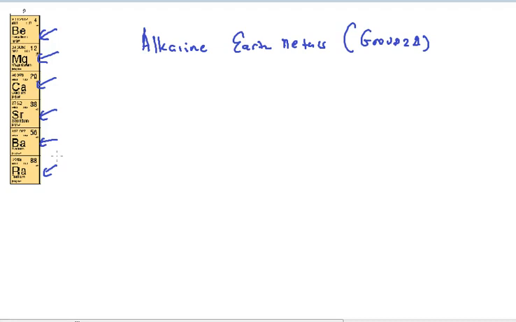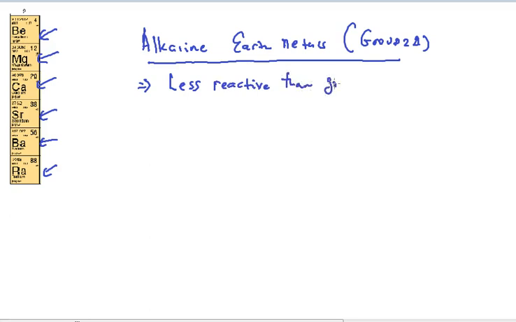Again, notice here that the first letter is always a capital letter, the second letter is a small letter. Again, since they are metals, they are shiny or silvery. Now, compared to alkali metals, they are less reactive than Group 1A. That's another thing that we need to notice here.